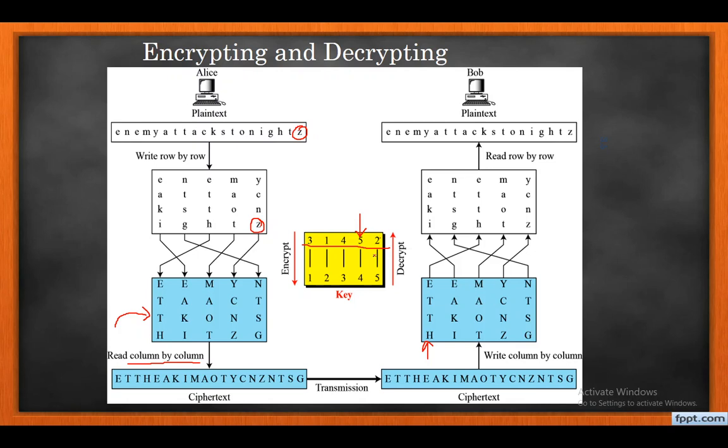Now I have to find the key for decryption because this is the key which will be available at the receiver. So in this case you will be finding a new key. See, this is the key which is given to you. What is the position of the first number in the key?